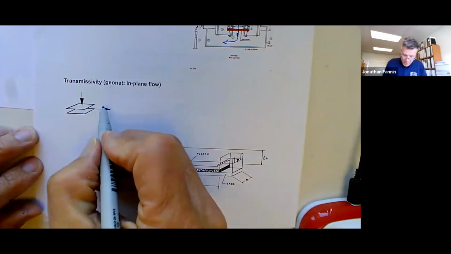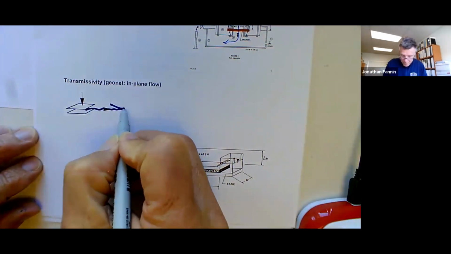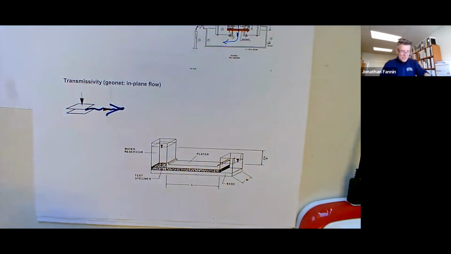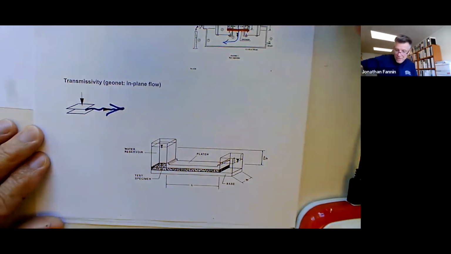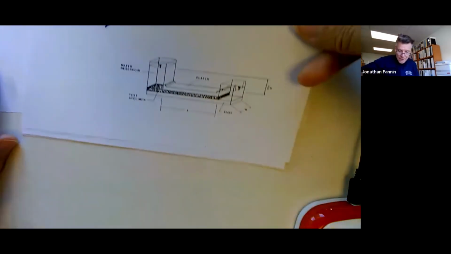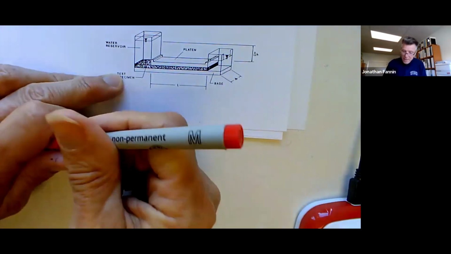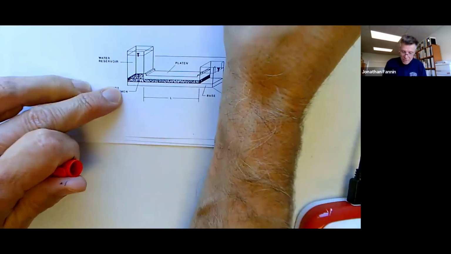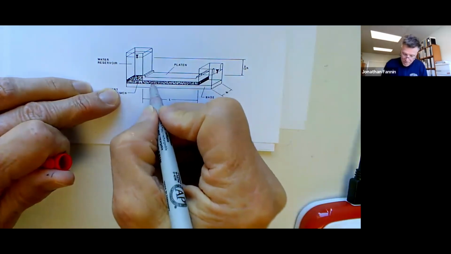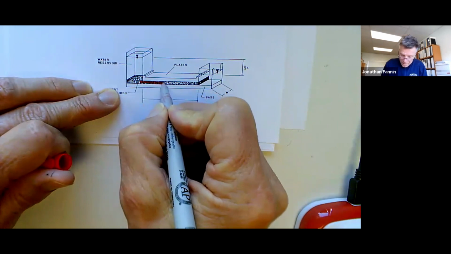And so that would be in-plane flow. And our test specimen, we'll put in a transmissivity test device. Done this in the past. In fact, we even built some here many, many years ago. There's our test specimen.